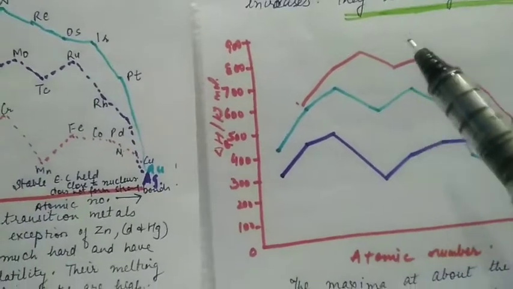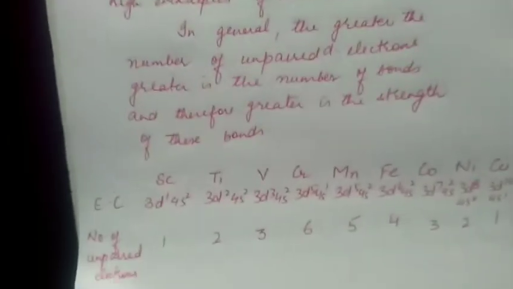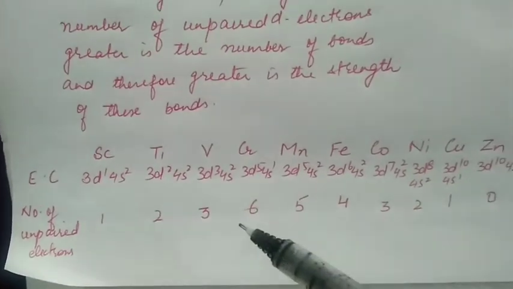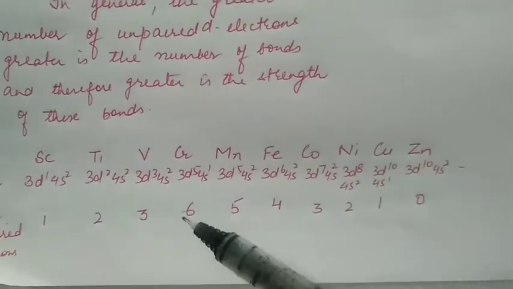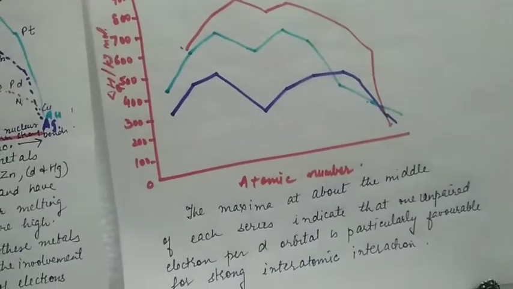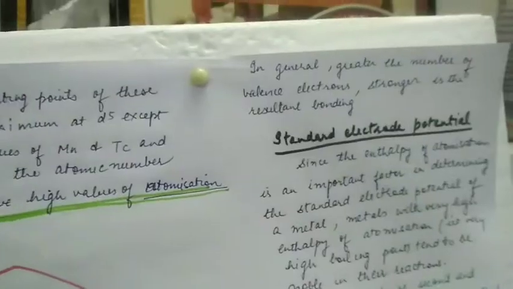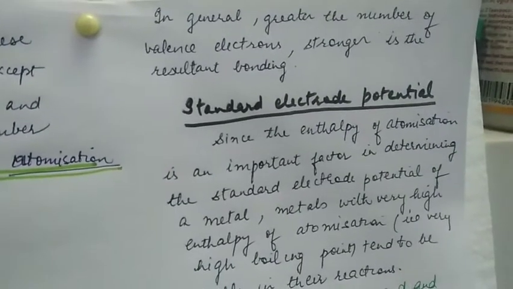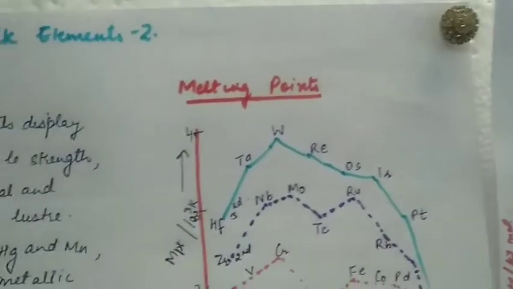So atomization increases because the number of unpaired electrons increases, and then later on it decreases because the number of unpaired electrons decreases. In general, greater the number of valence electrons, stronger is the resultant bonding.